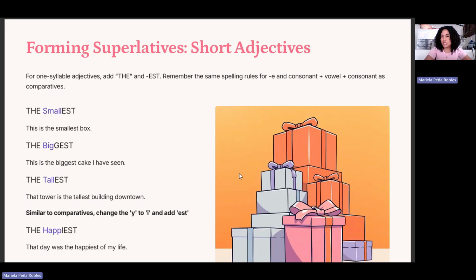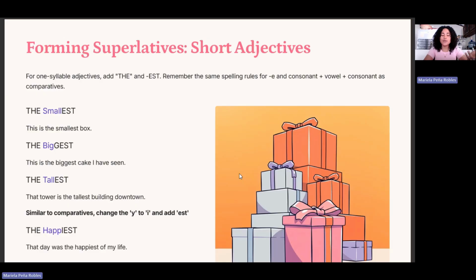The rules of the superlative are the same as the comparative. The same spelling rules apply, doubling the final consonant in big because it's consonant plus vowel plus consonant, and the word will be the biggest, or changing the letter y to i in happy, and the word will be happiest.